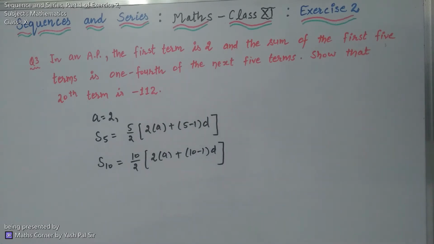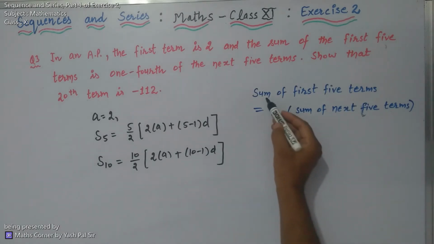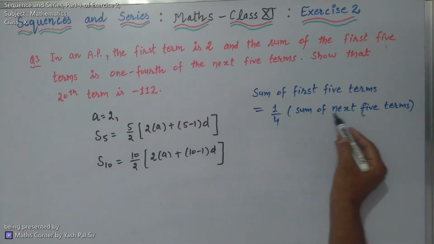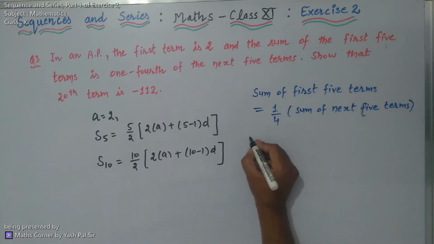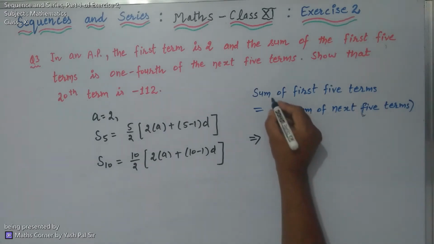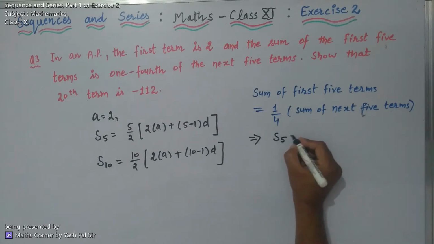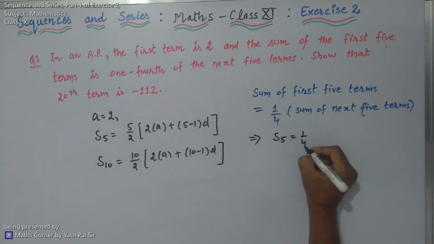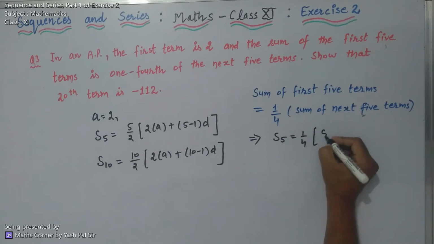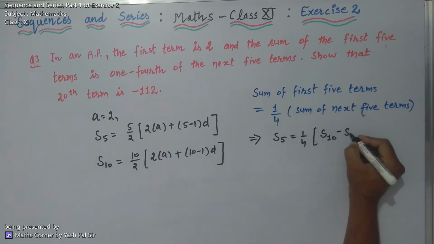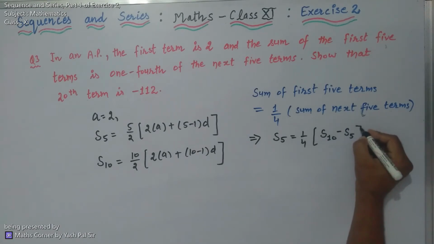So what is given here? We are given that the sum of first 5 terms is equal to 1 upon 4 of the sum of next 5 terms. This can be written as S5 is equal to 1 by 4 into S10 minus the sum of first 5 terms.